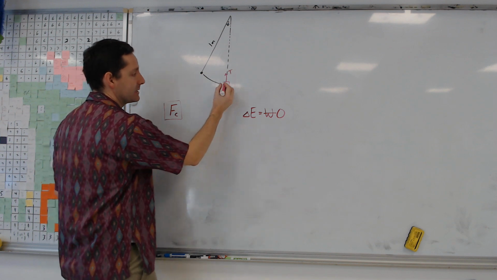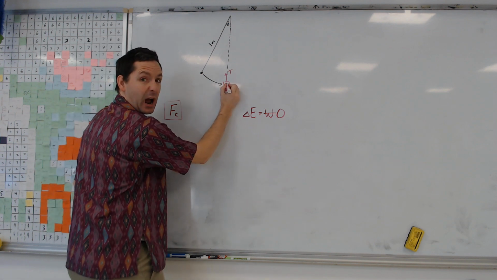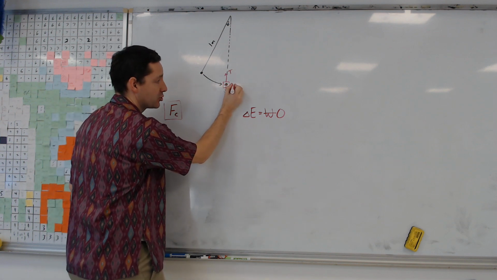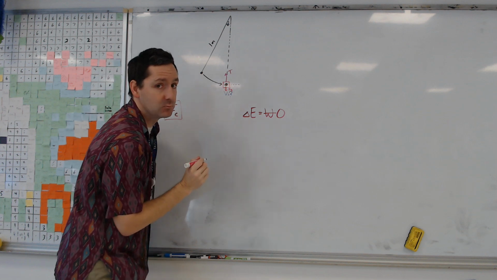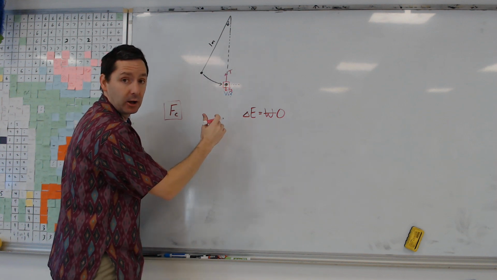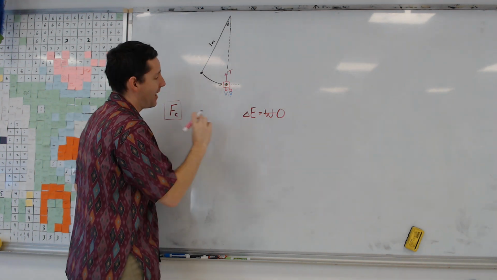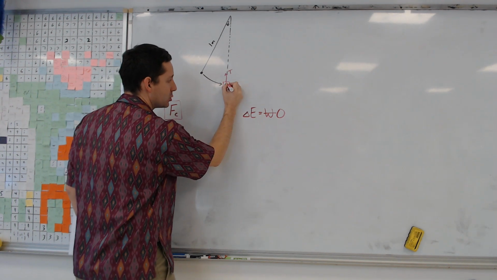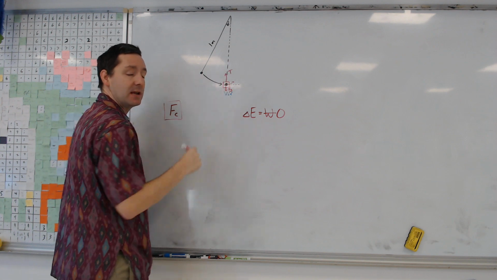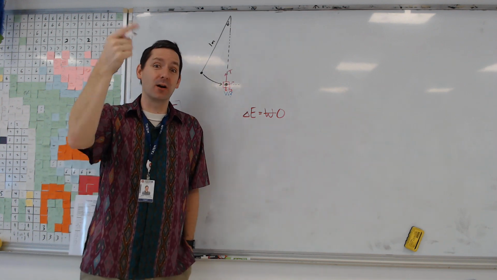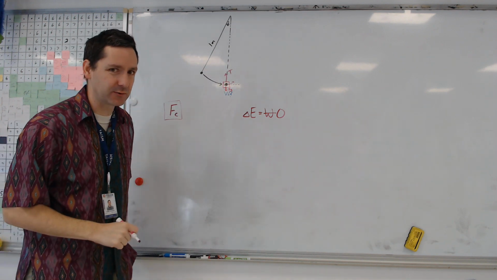The first one is, after this point, what happens to it? Does it keep going in a straight line? No. If the forces were balanced, the ball would continue to go in a straight line, right? The fact that it is swinging up from there must mean that it is accelerating upwards, therefore the tension must be larger than the force of gravity.